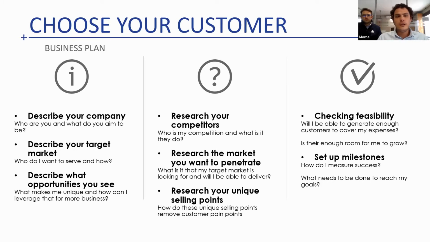So we're going to start off by describing ourselves and our company. What are we and what do we aim to be? In terms of our clients, what do we want to solve? What area do we want to be in? Then we're going to describe our target market. Who is it we want to be selling to? What market are we trying to penetrate?